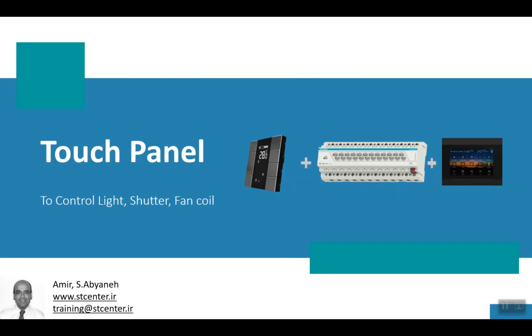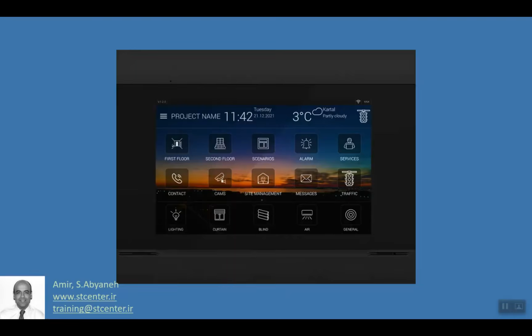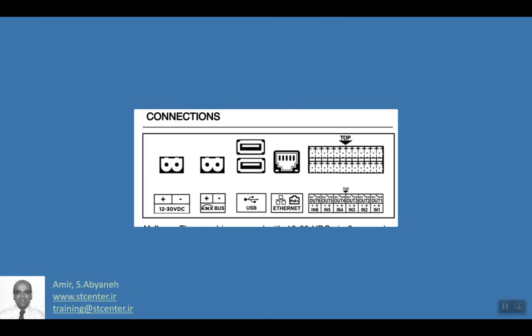As I said, the main goal of the training is to learn how to provide control of light, shutter, fan coil in touch panel. So this is a touch panel. This touch panel is a client plus an embedded mini server inside. So the wiring of the touch panel is important.